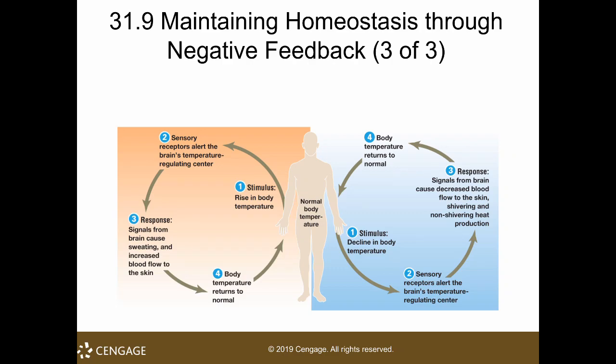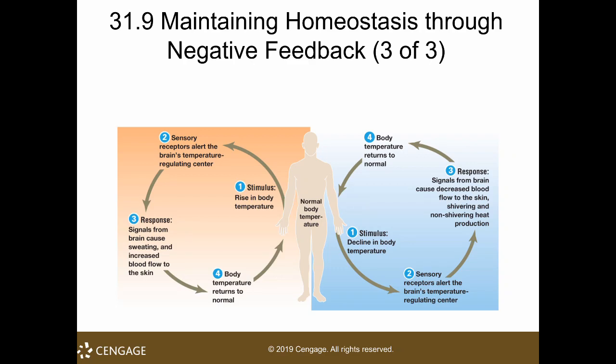So the brain will tell several organs and organ systems in the body to modulate some of their functions in order to decrease the temperature. So what are those functions? They can order the skin to sweat, because the evaporation of water on the skin surface has a cooling effect. That's why we sweat.